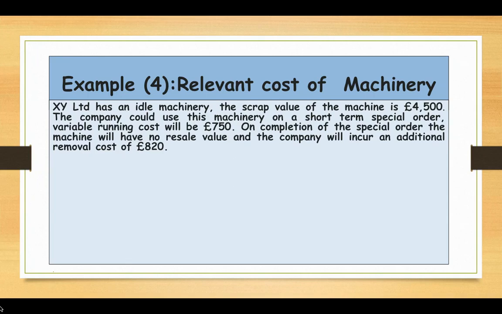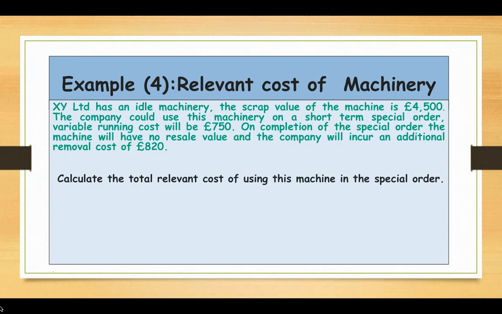Variable running cost will be £750. On completion of the special order, the machine will have no resale value and the company will incur an additional removal cost of £820. Calculate the total relevant cost of using this machine in this special order.